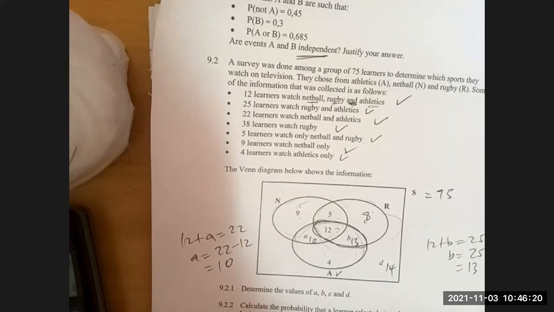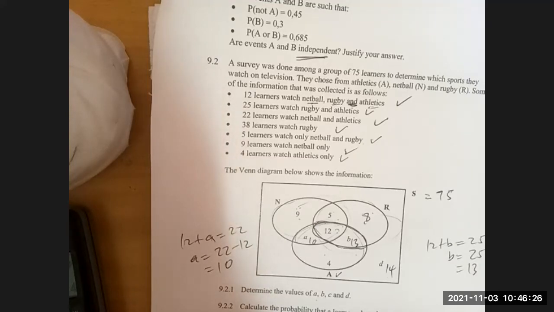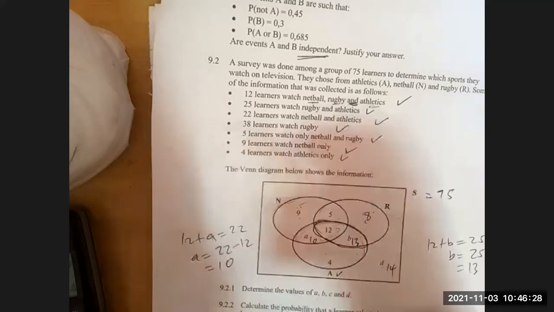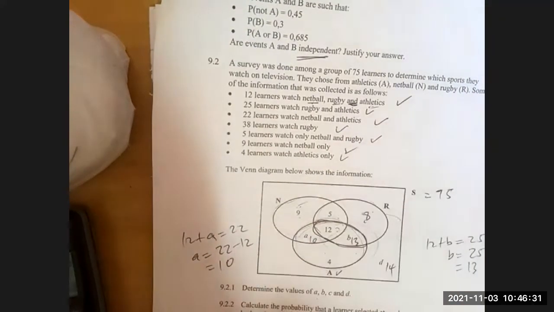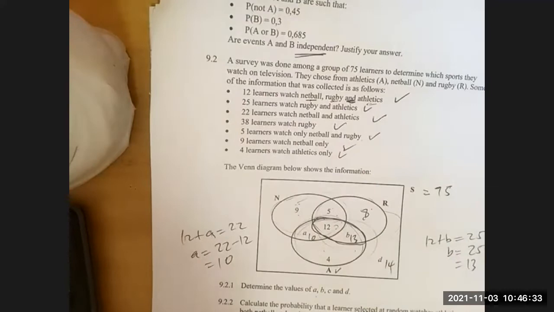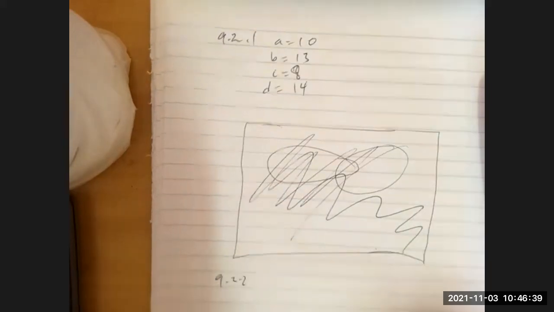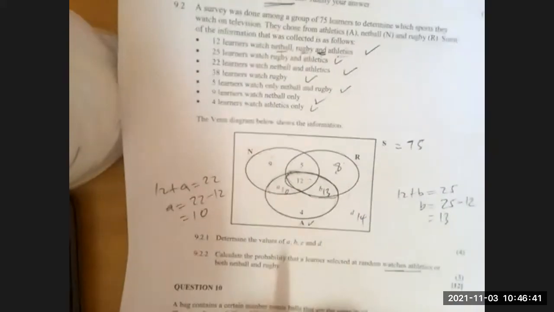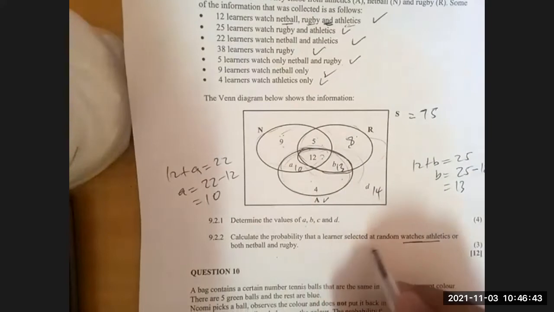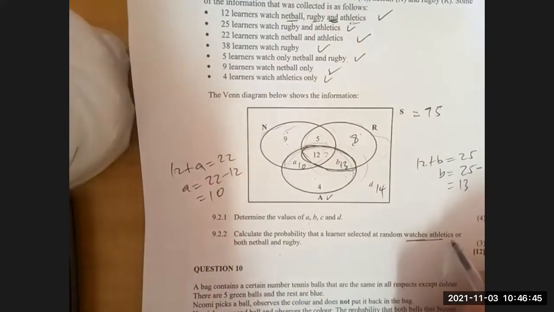So either you watch athletics or the other. What is the probability of watching athletics? Let's interpret the question 9.2.2. They're saying calculate the probability that the learner chosen at random watches athletics.